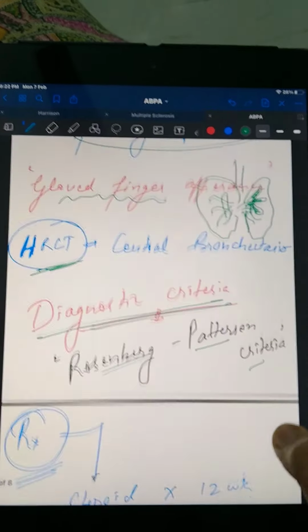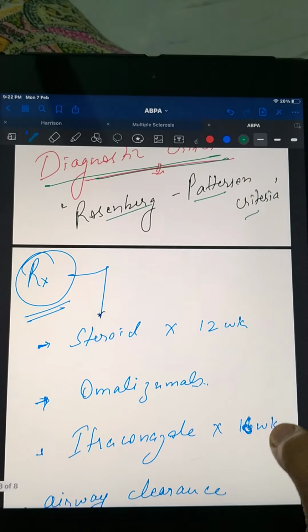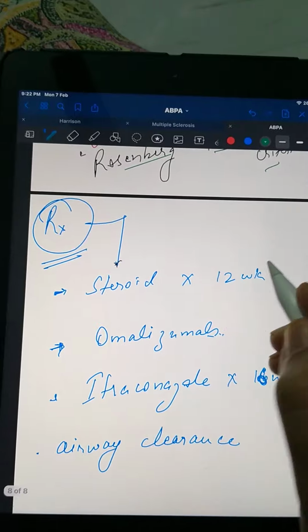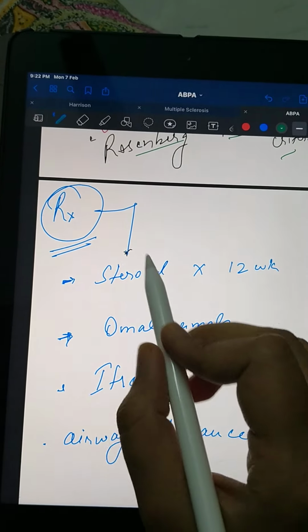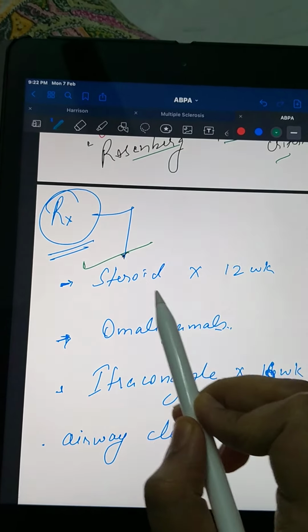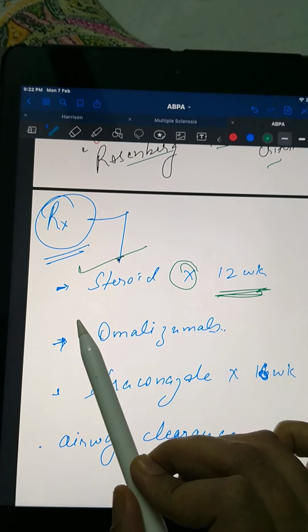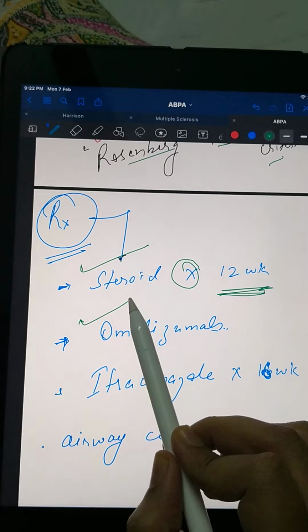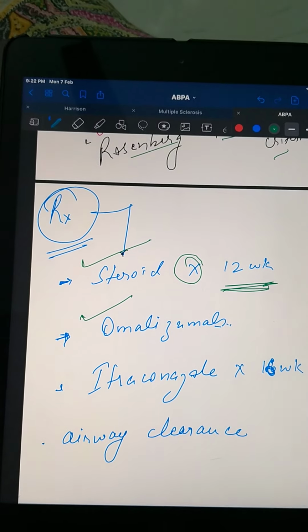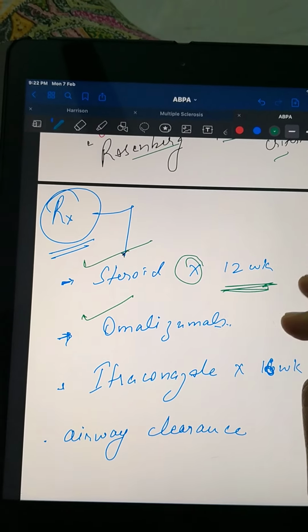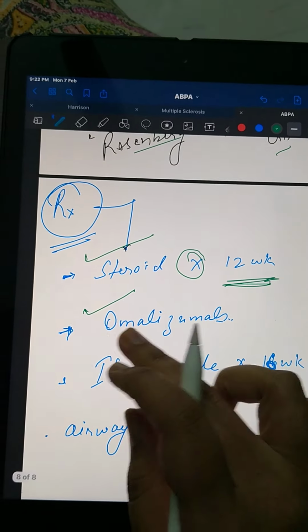So now let's come to the treatment. Treatment is simple: there is inflammation, so we give an anti-inflammatory, that is steroid, usually for 12 weeks or 3 months. Because the total IgE level is usually more than 1000, we give an IgE antagonist, that is omalizumab.